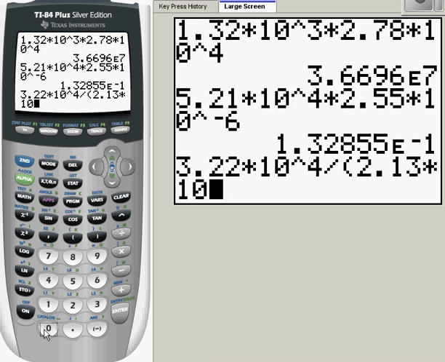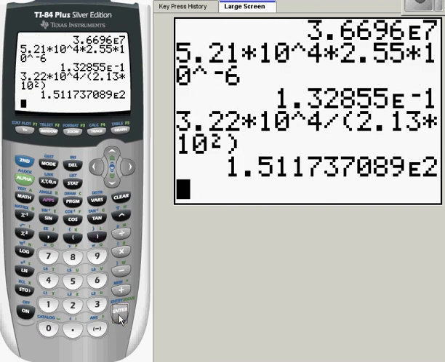And then end my parentheses, and there's my answer, the same answer that I got when I did it earlier by hand. Didn't really multiply that by hand, or divide that by hand, I should say, but same answer. 1.511737089 times 10 squared. So same value times 10 squared.